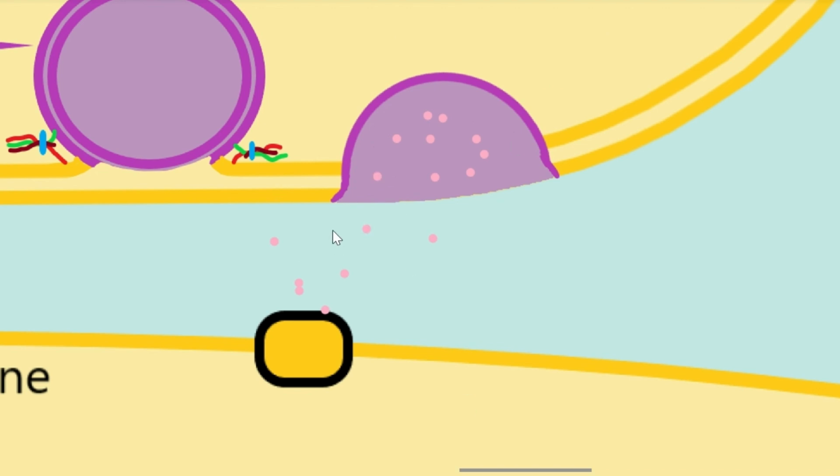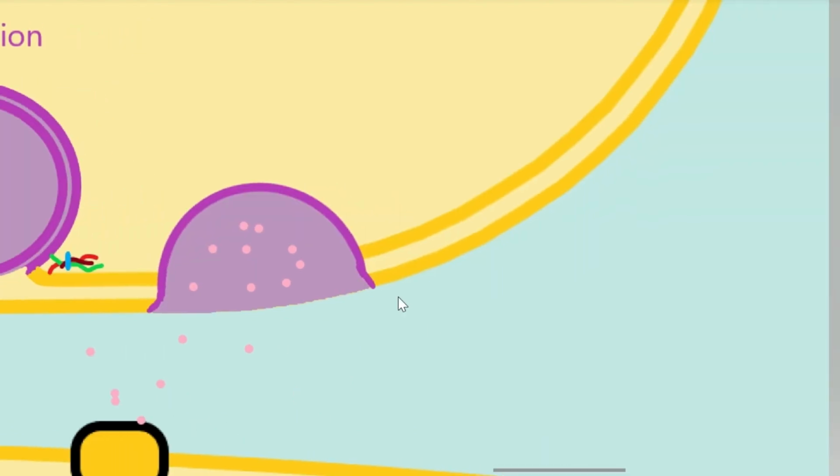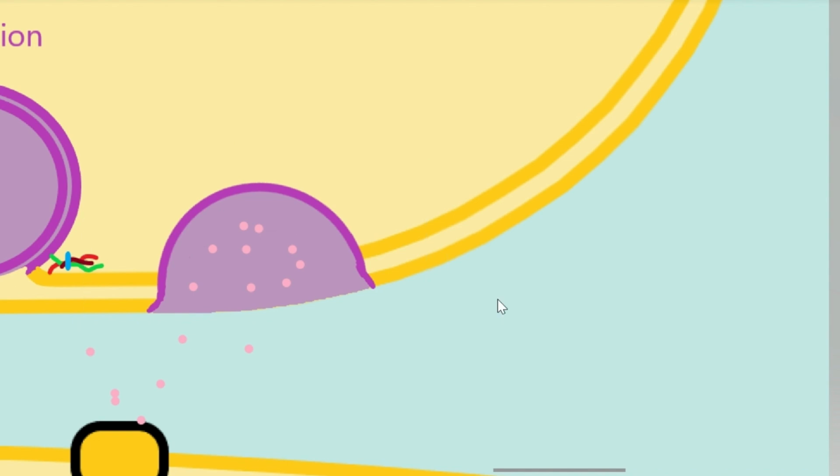There are several neurotransmitters which are reuptaken back into the cell, and a lot of these are by endocytosis. So this process of fusion here is something which is called exocytosis. You are merging a vesicle with the membrane to release something outside the cell. Endocytosis is the opposite. You are causing an invagination, a sort of indent into the membrane, absorbing something from the outside and taking it into the cell.